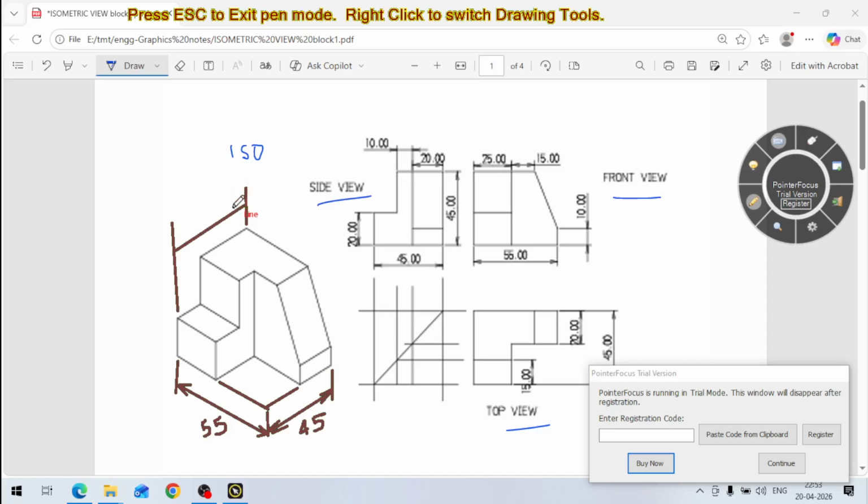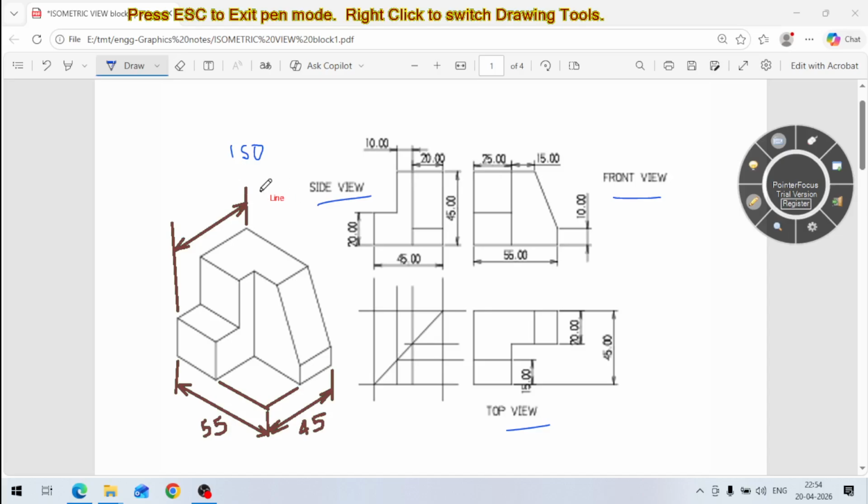And some arrows I have to draw like this. These are the arrows here like this, and this dimension is also 45 mm. How much is this dimension? It is 45 like this. This dimension is also 45.